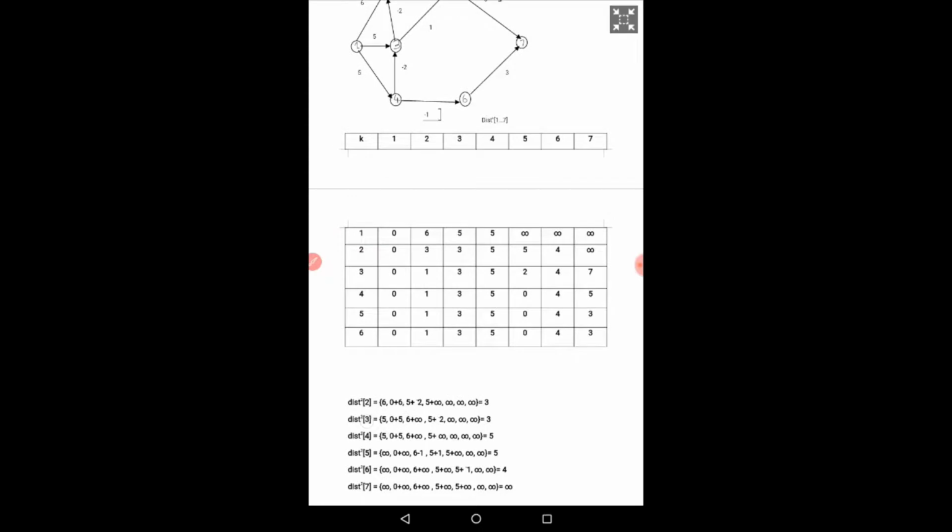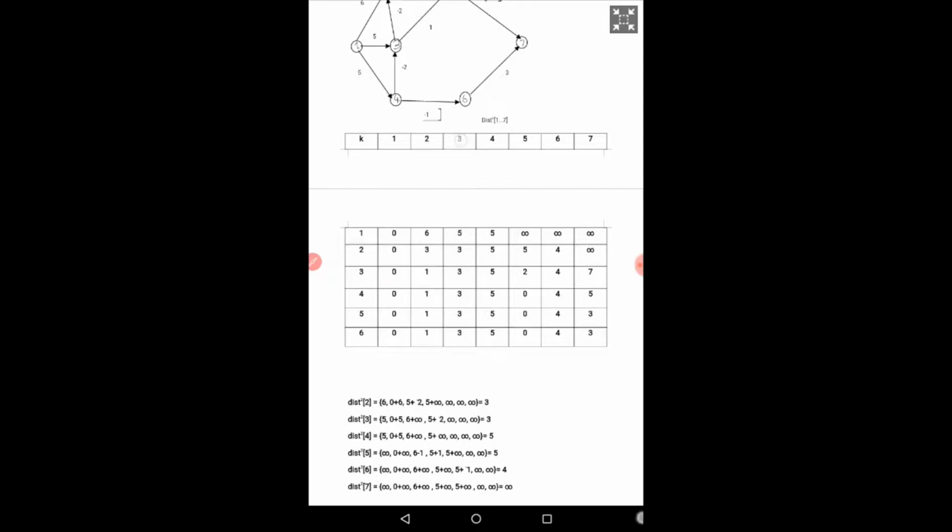I will be using this equation, distance 2, 3, k value is 2, then to the vertex 3. Now my current vertex is 3. So this position I have to fill. While filling this position, first I will write the previous value. So previous value here is 5.